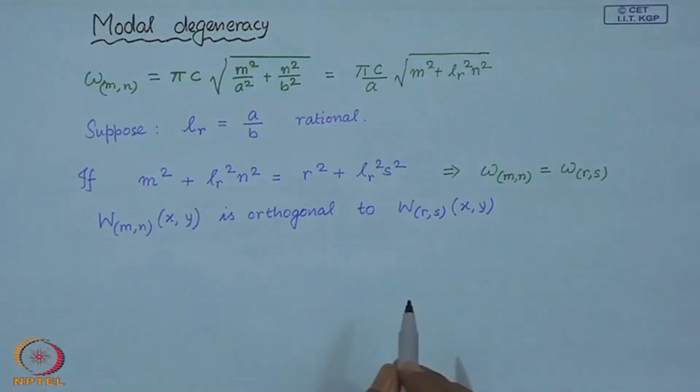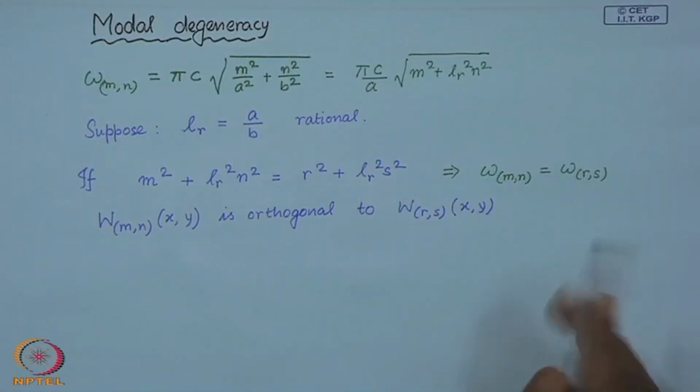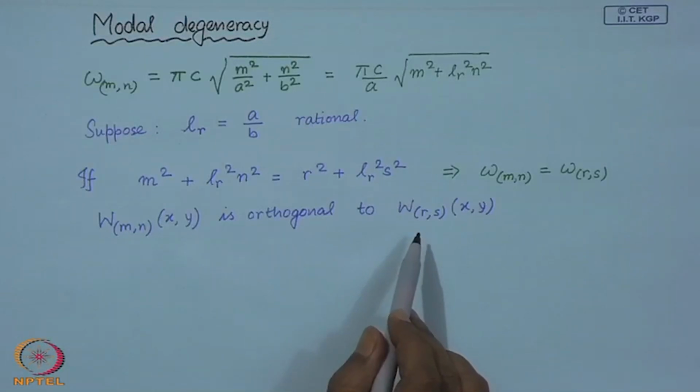So, we have two modes with identical circular eigenfrequencies, but orthogonal eigenfunctions.